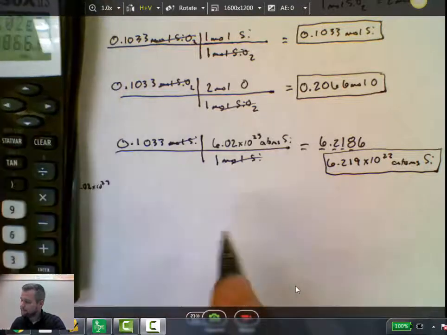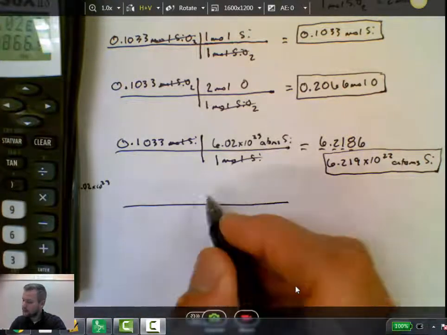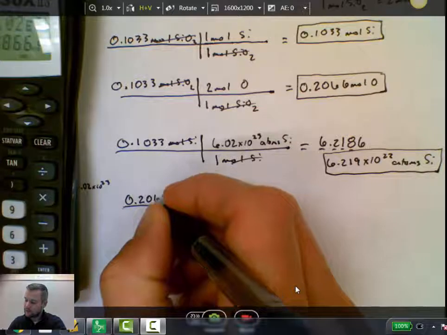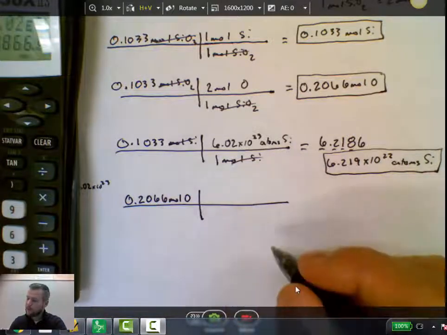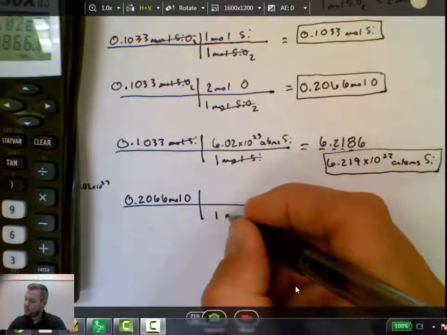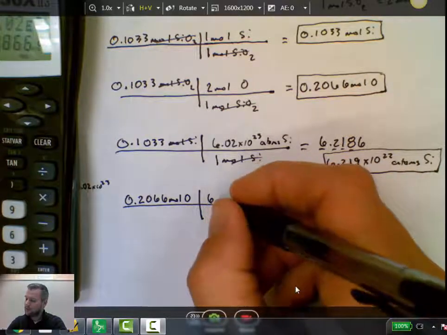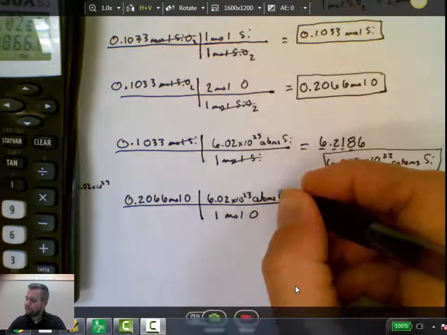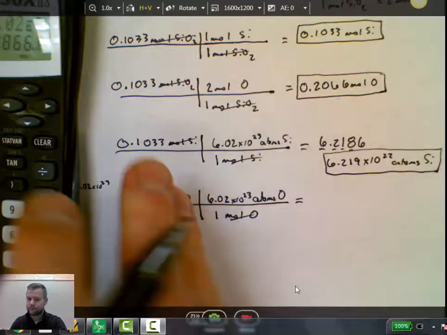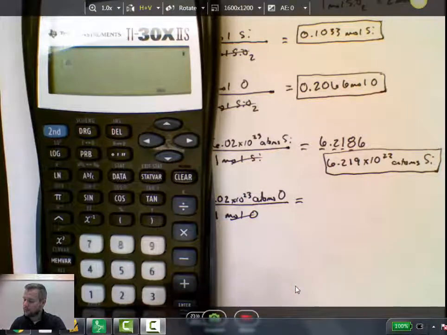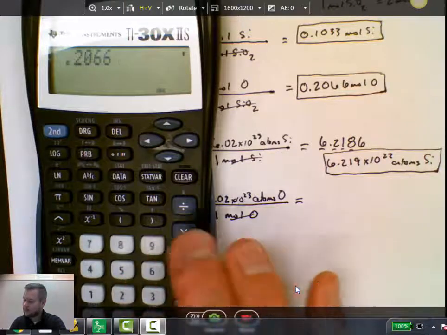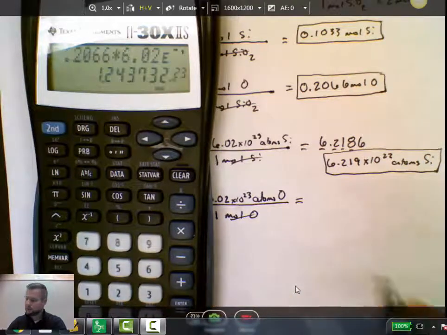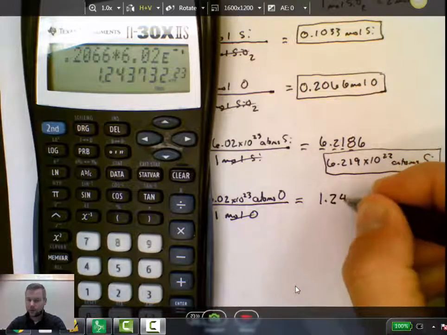And then I need to likewise take my amount of oxygen here, 0.2066 moles of O, and I need to convert that to atoms of O. So for every 1 mole of O, I get 6.02 times 10 to the 23rd atoms of O. So 0.2066 times 6.02 EE 23 equals 1.2437.